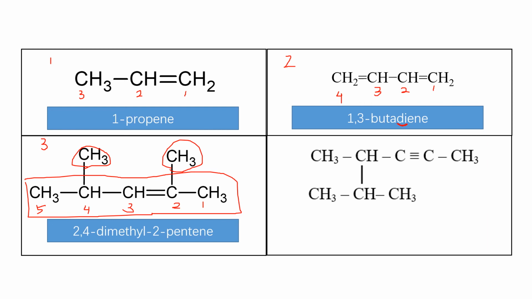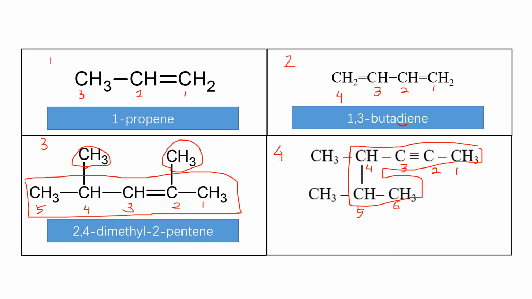And then for the last example, this is an alkyne because it has a triple covalent bond. We can make the main chain first. This organic compound has 6 carbon atoms as the main chain, and we can start from the right: 1 and then 2 and then 3, 4, 5, and the last 6.